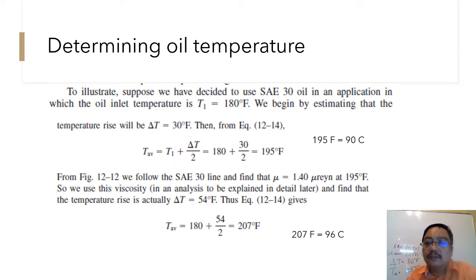So if it is 180 Fahrenheit, the value must be lower than 90 degrees Celsius. This is the oil temperature we estimate, 180 Fahrenheit.